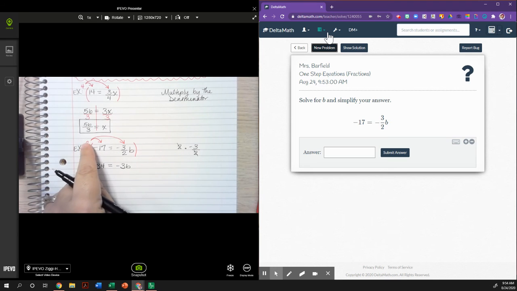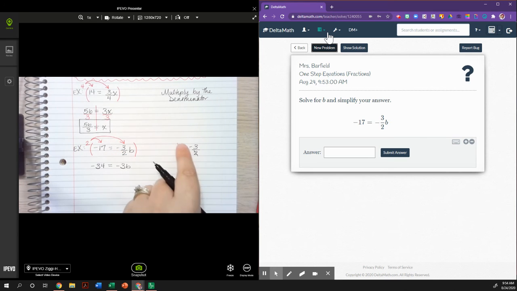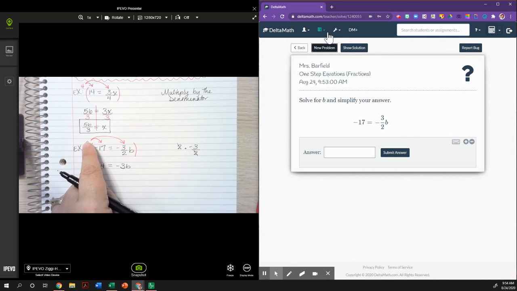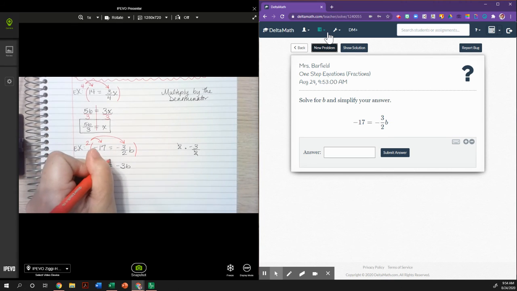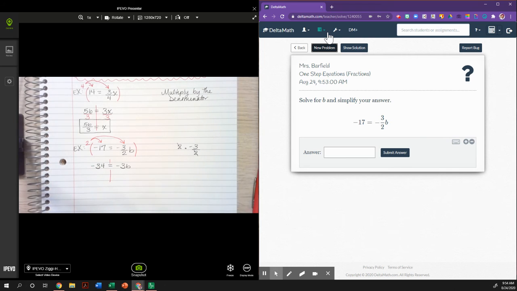That allows me to multiply this value very quickly in my head, because I look at it and say, oh, 2 over 2, that cancels, so I'm just left with negative 3. Now I'm going to divide both sides by negative 3 because I want to isolate the b. And 34 is not divisible by 3, so this is simply positive 34 over 3 equals b.